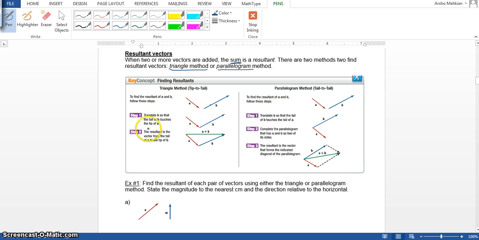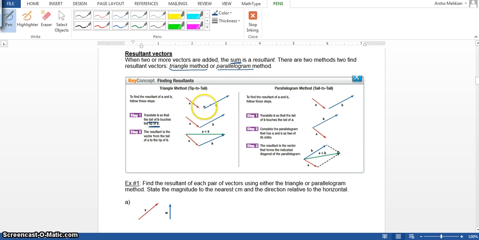What you have to do is put the tail of B to the tip of A. Vectors have direction as part of their characteristic, so you can move them sideways, up and down, diagonally, but you are never ever allowed to rotate or change the angle by even a split degree.